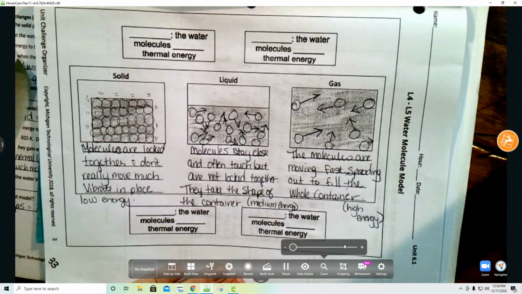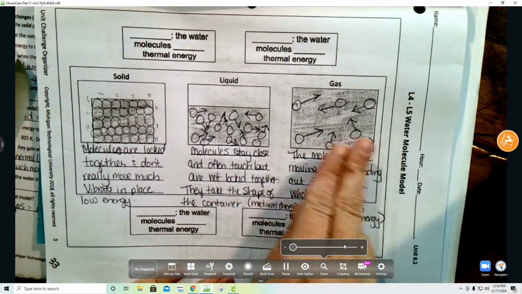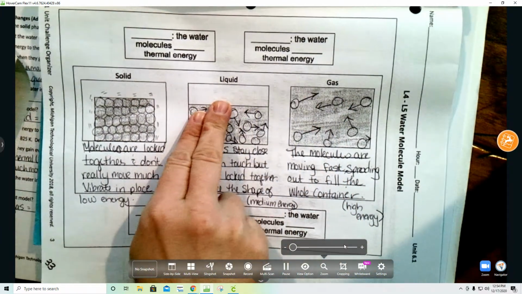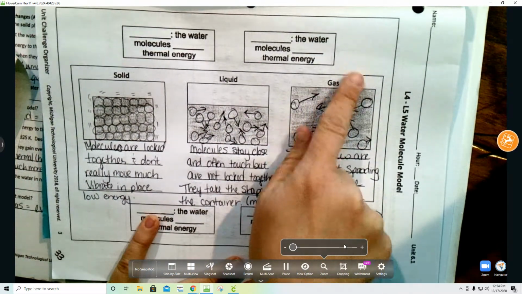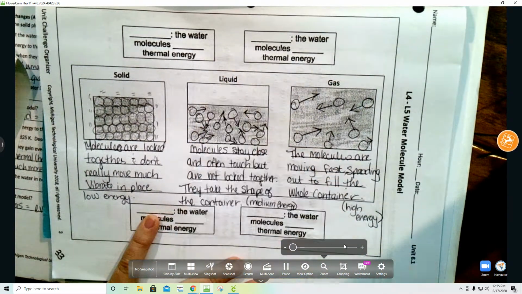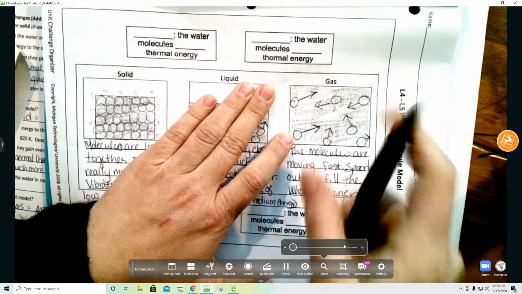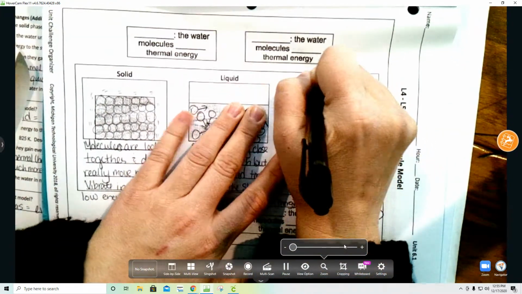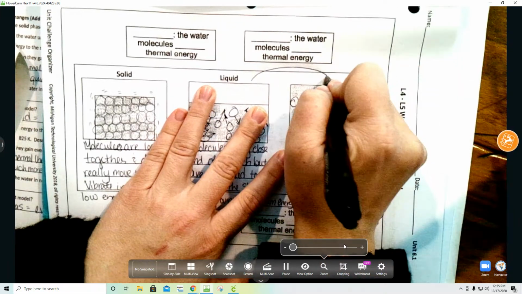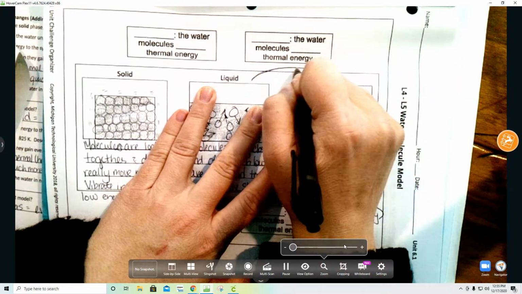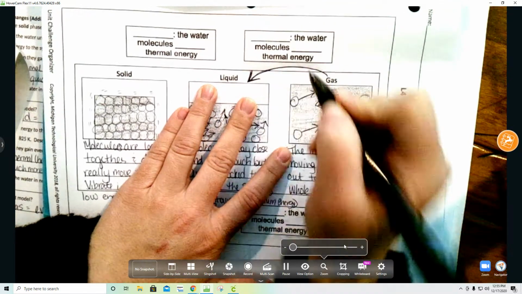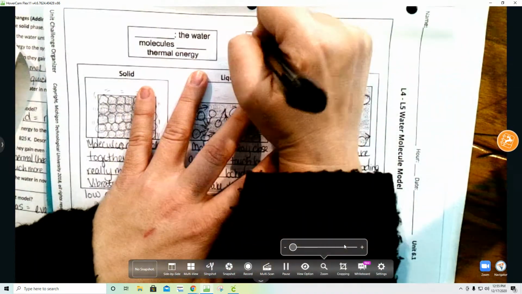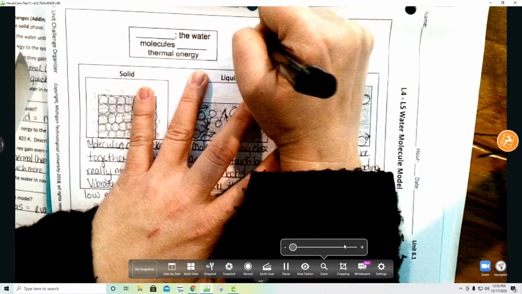Okay, so let's start with going from a gas to a liquid. What are we doing? Well, from a gas to a liquid, we are removing that thermal energy. What we want to do is draw a big arrow showing that that can be a phase change. We are removing the thermal energy. This is called what? Condensation.